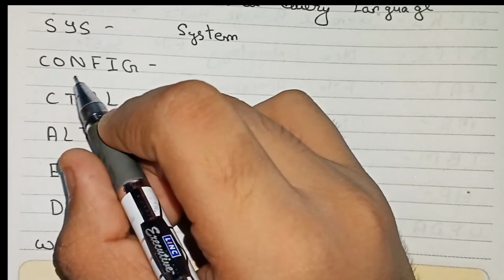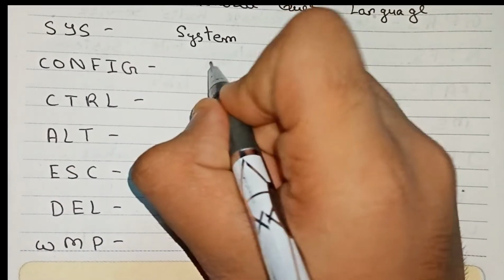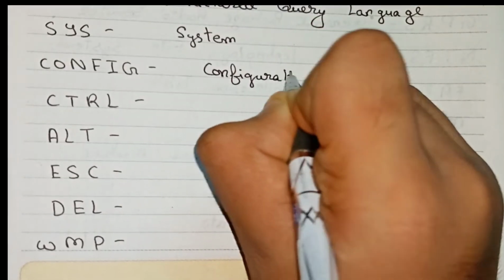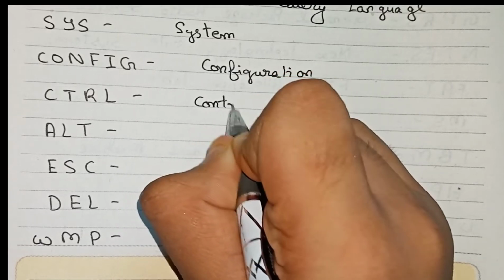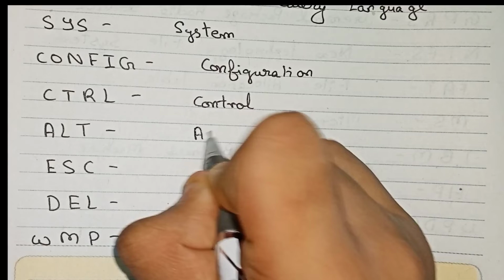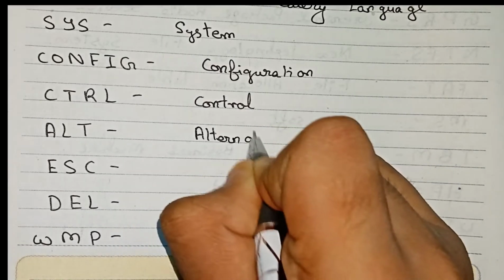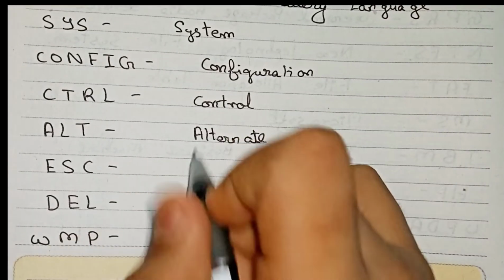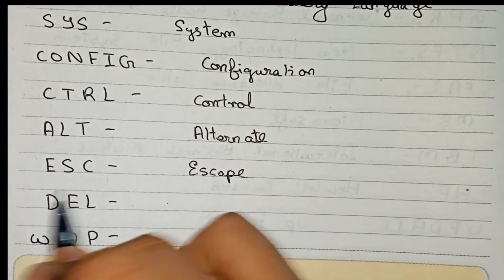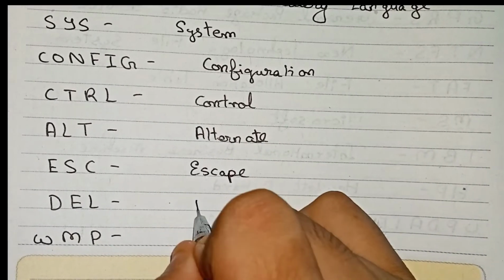Next is CONFIG, that is Configuration. Next is CTRL, that is Control. Next is ALT, that is alternate. Next is ESC, that is escape. Next is DEL, that is delete.